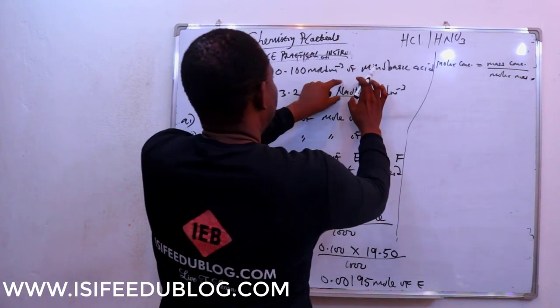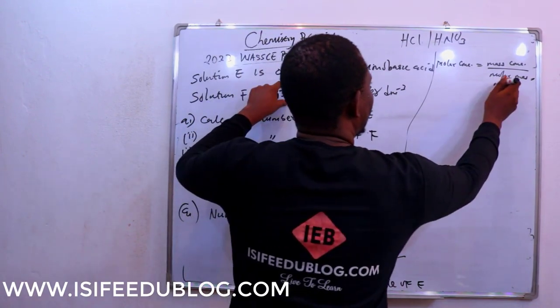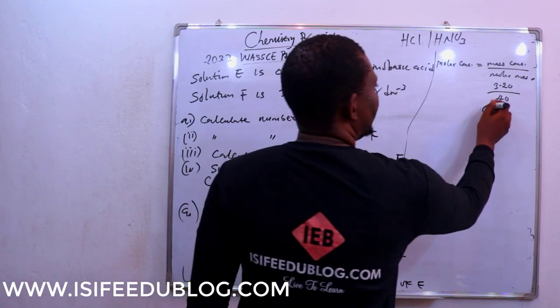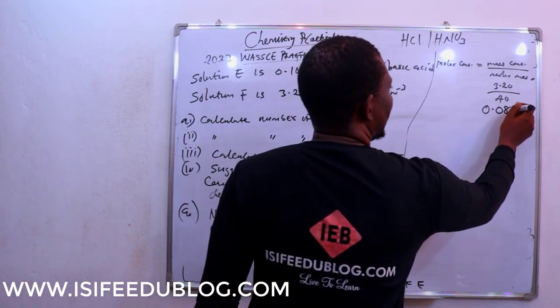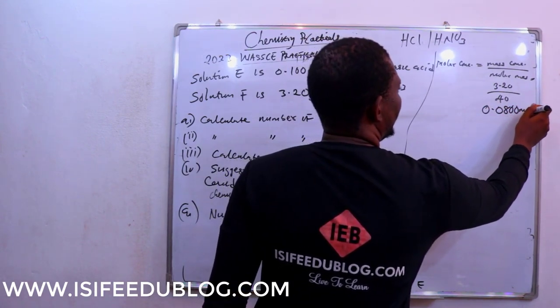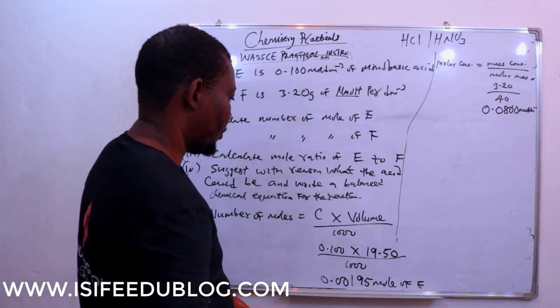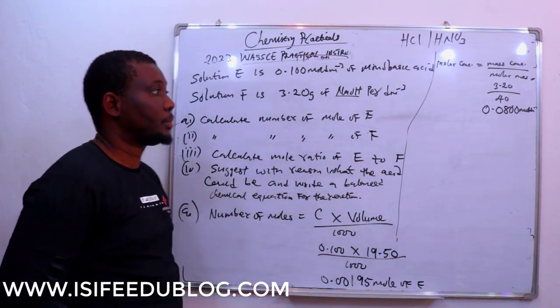Remember that molar mass is 40, mass conc is this, so we have 3.20 over 40. We have 0.0800 mole per dmq. This is what they have here, and this is what they have here.